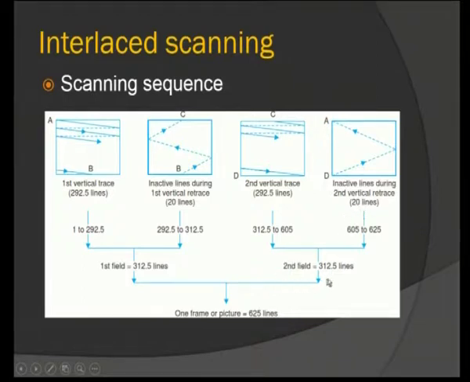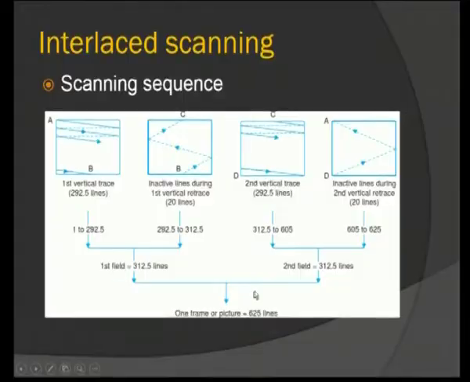So in the second field also we will get 312.5 lines. Combining all this, if we consider this as the odd field and this as the even field, together they form one single frame, a complete scene consisting of 625 lines.